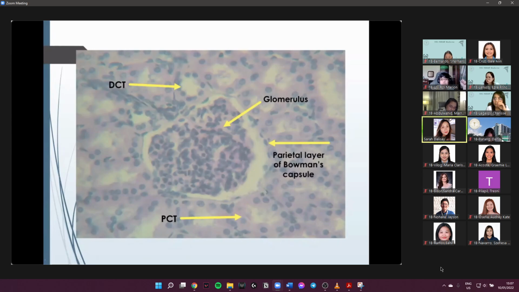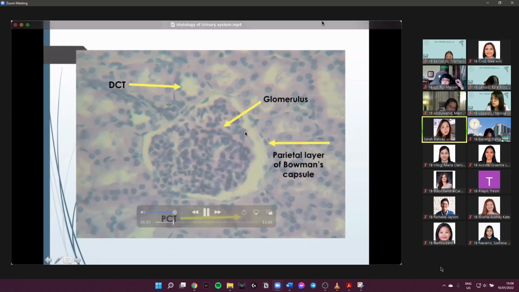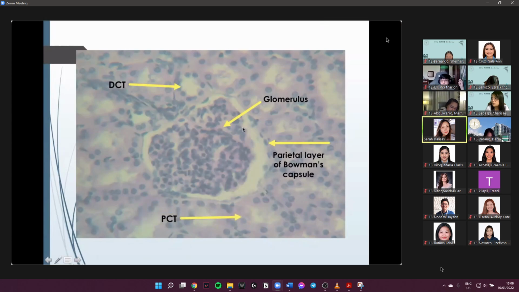Now, aside from that, you see here on the outermost portion this parietal layer of the Bowman's capsule, because we also have, of course, a visceral layer, which is very much opposed to the surface of your glomerulus, so it really cannot be differentiated. Anyway, between the glomerulus and the Bowman's capsule, you will see a space, what we call the urinary space.